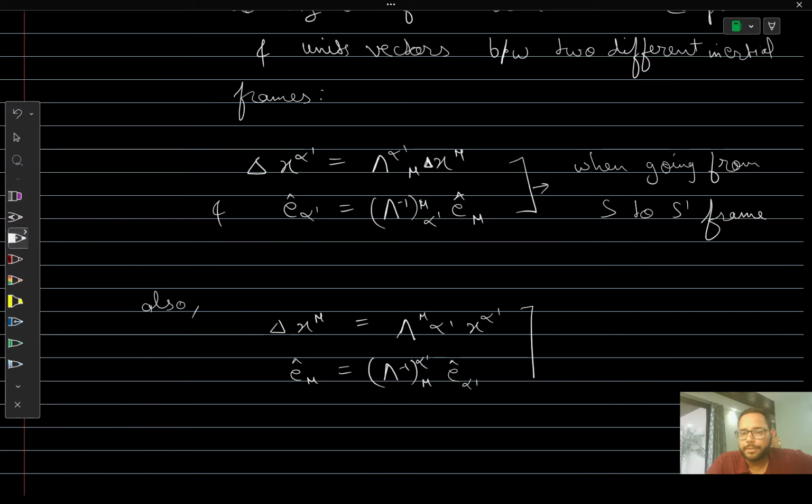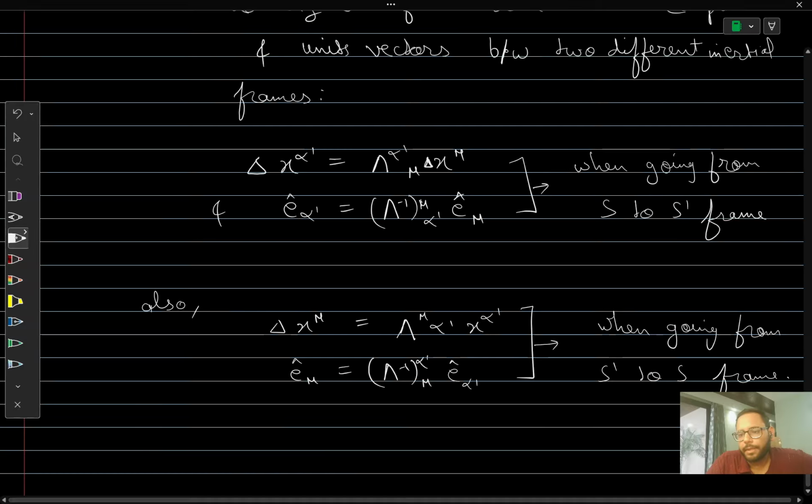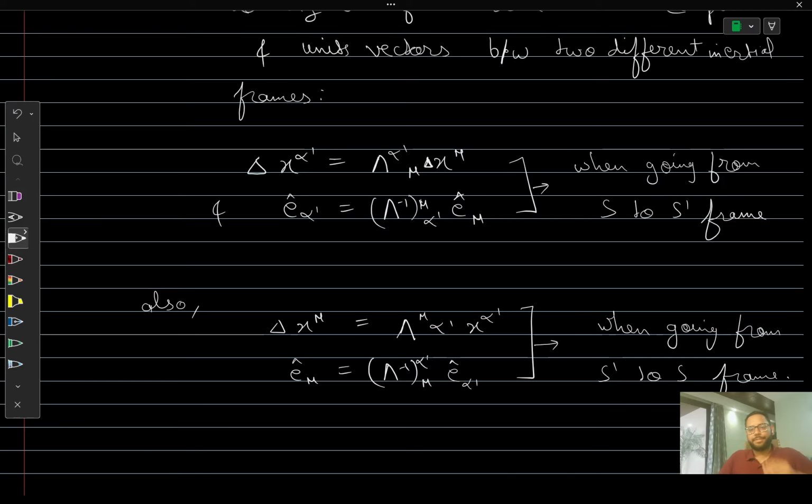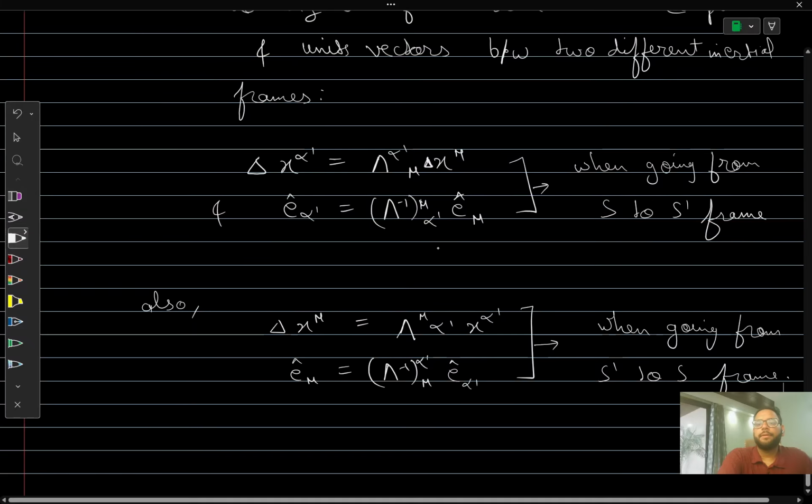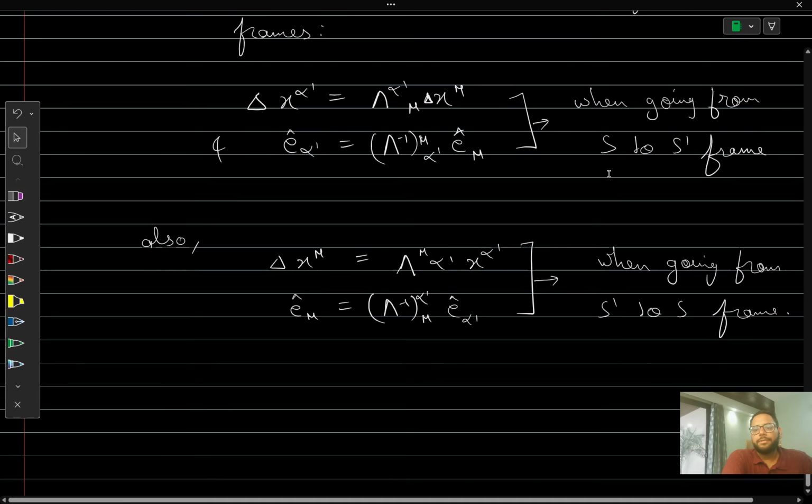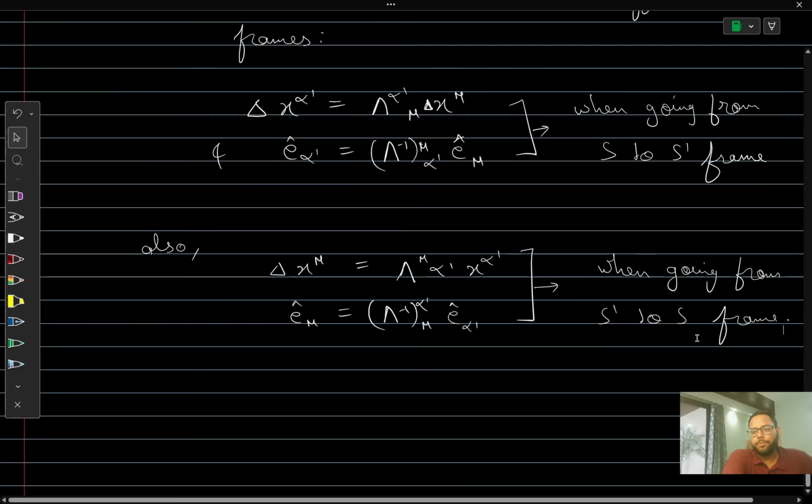Okay, this is when going from S prime to S frame. And so these are my Lorentz transformations of components of a vector and its basis, when going from S to S prime frame and when going from S prime to S frame.